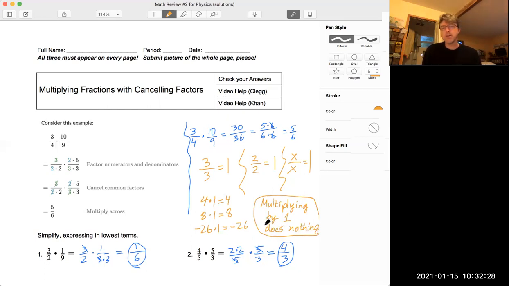And just in case you were wondering, in addition, there is an additive identity, and that is 0. If you add 0, nothing happens. Also true of subtraction. If you subtract 0, nothing happens. So 0 is called the additive identity. But 1 is the multiplicative identity, meaning that it doesn't do anything if you multiply by it.